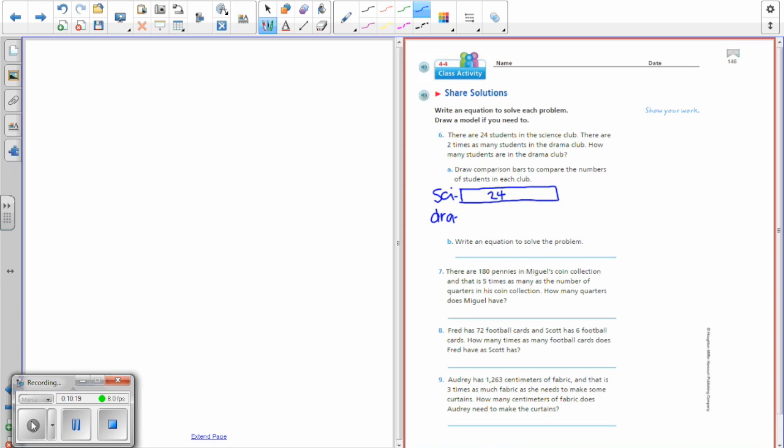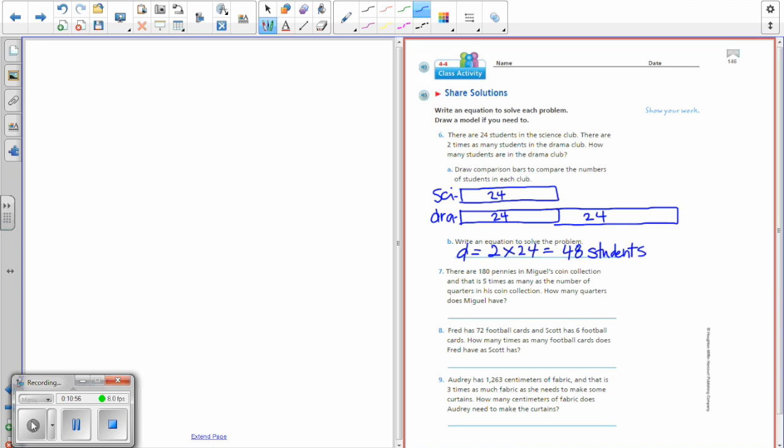Well, if there's 2 times as many students in the drama club, I'm going to have 2 bars that represent that. If I were to write an equation with that, I would say that drama club equals 2 times 24, which equals 48 students. I took that bigger number and repeated it 2 times to get the larger number.